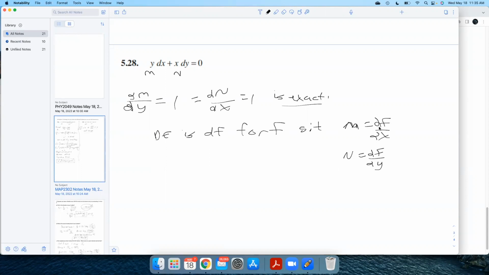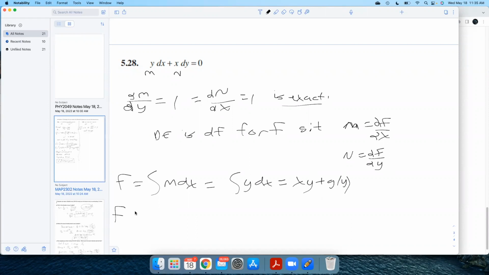Notice now I'm using the correct one. M is beside x, n is beside y. So f must be the antiderivative of m dx, antiderivative of y dx, which is just yx or xy, plus possibly some extra function of y that we didn't get.